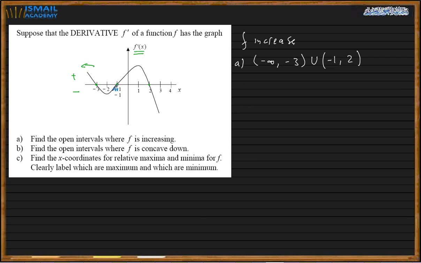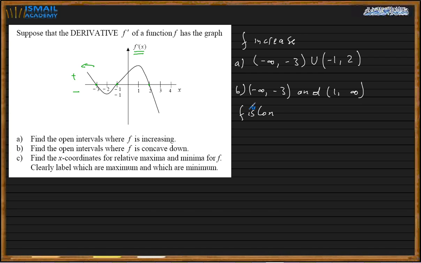Concave up, I look for the increasing of the derivative. Concave down, I look for the decreasing of the derivative, because where the second derivative is negative is where the derivative is decreasing. So my answer will be between -infinity and -3, and 1 to infinity. So this is where the function is concave down.